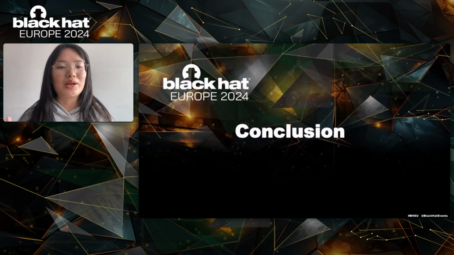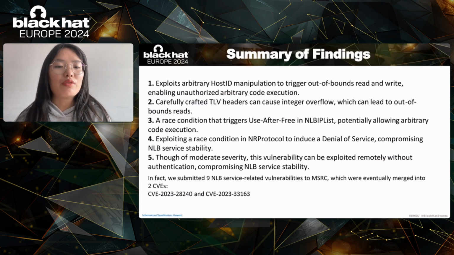Now it's our concluding part. This is a summary of the main points covered earlier. Number 1, exploit arbitrary host ID manipulation to trigger out-of-bounds read and write, enabling unauthorized arbitrary code execution. Number 2, carefully crafted TLV headers can cause integer overflow, which can lead to out-of-bounds read.